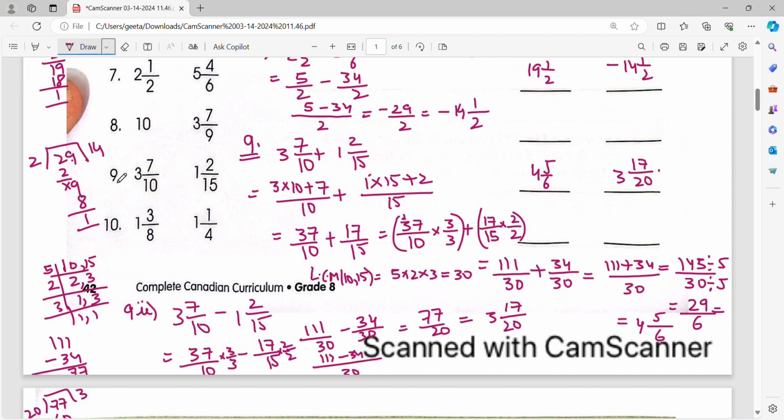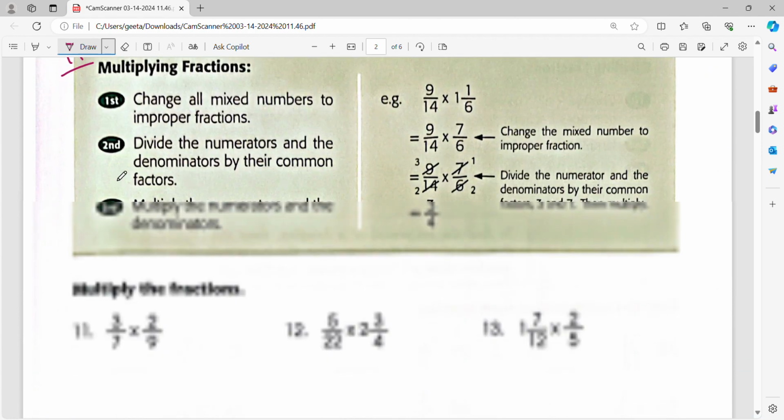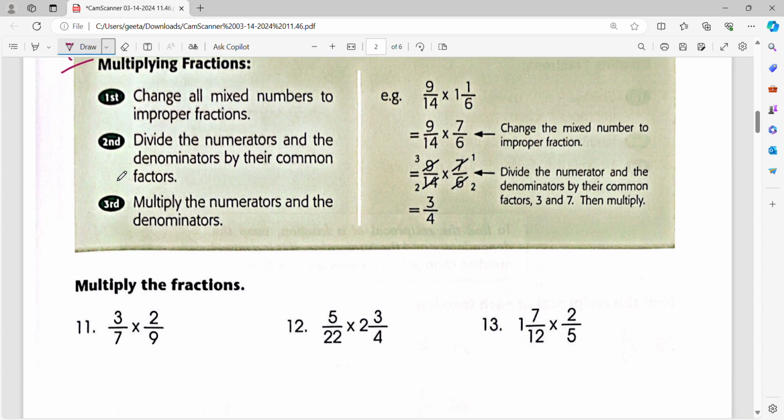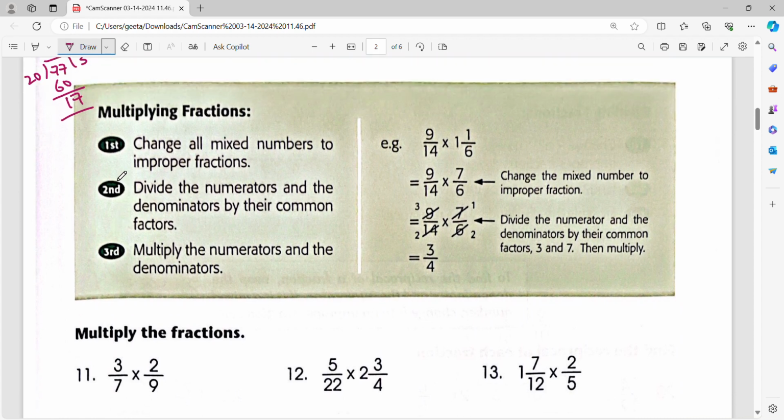Okay. Should I move? Yeah. Okay, just wait. Next we have multiplying fractions. Okay. Look, in multiplying fractions, can you please read these steps which are written here? What you will do in multiplying fractions?